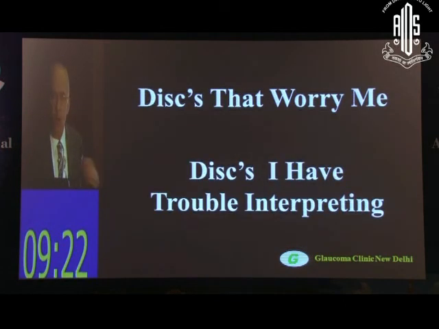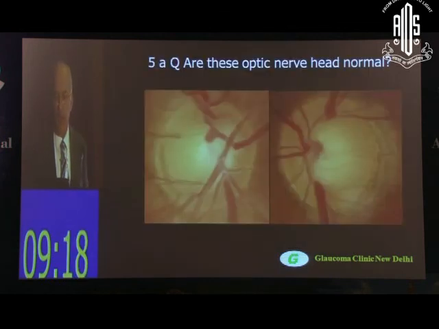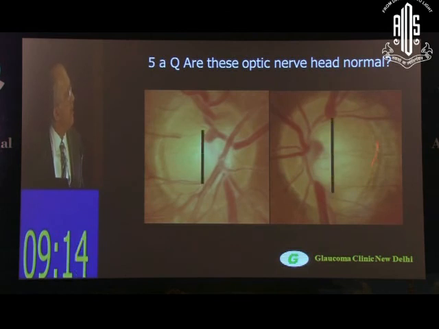Now, with all this background, I still often have discs which worry me and discs I have trouble interpreting. For example, discs like this: similar size optic discs, asymmetric cupping, pressure is normal, angles open, and visual fields are normal.